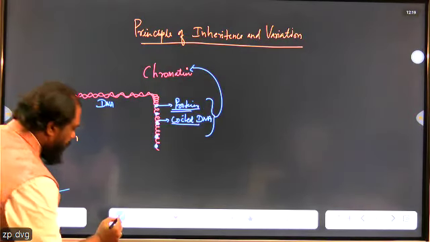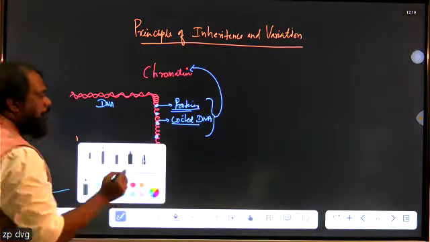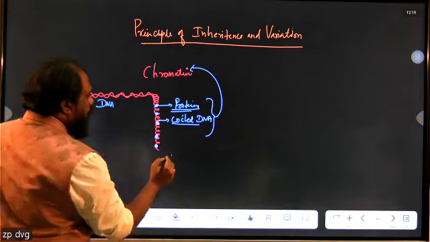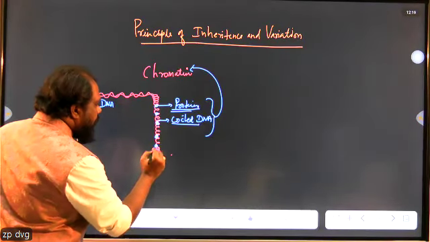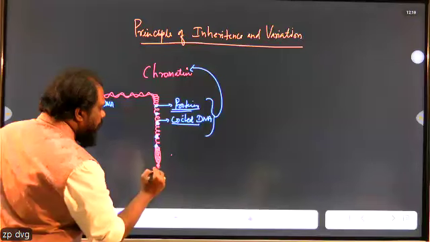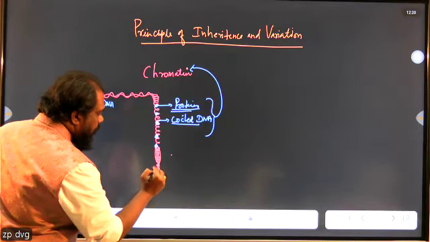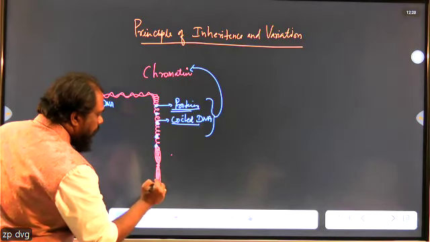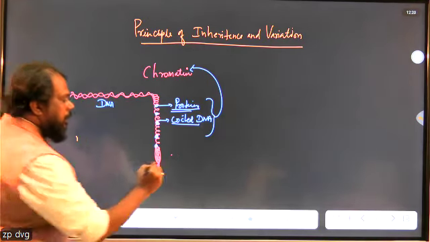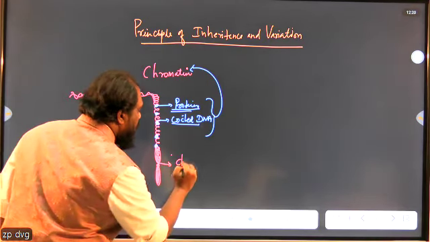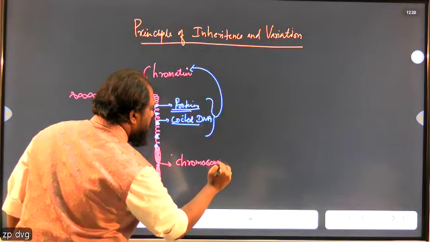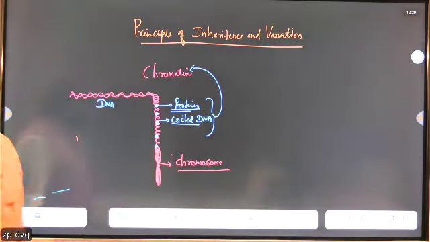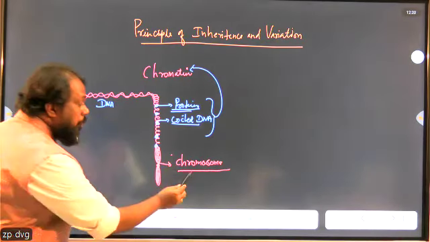Understood? Now, if I further condense it, this becomes chromosome. Okay. So the next one is what the chromosome consists of.